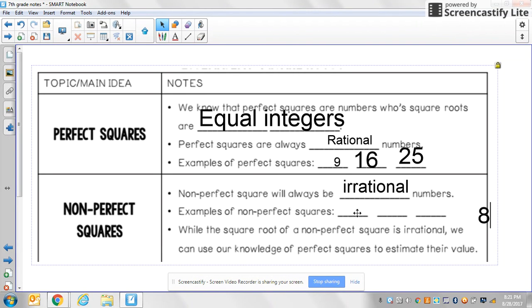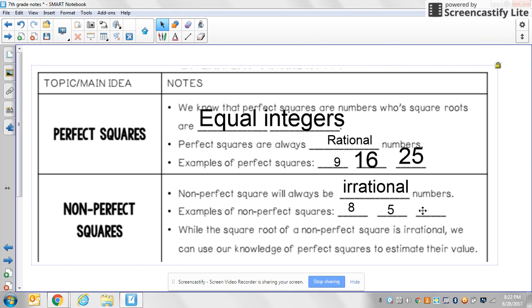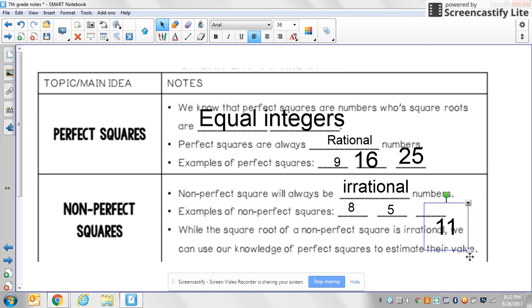So for example, 8 is a non-perfect square. We do not have any equal integer that can multiply and get 8. So you're going to end up with a non-terminating, non-repeating number for it to be irrational. 5 is an example of a non-perfect square. 11 is an example of a non-perfect square.